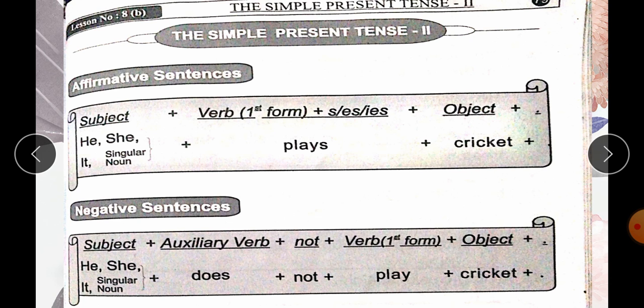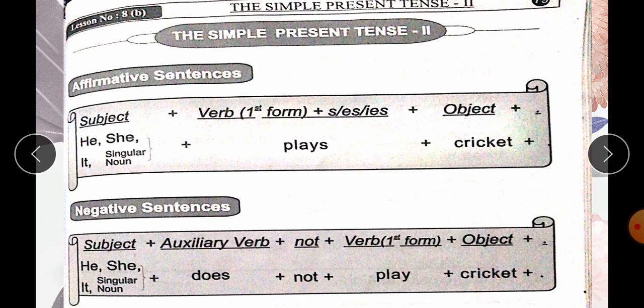Now come to the next topic, the simple present tense part 2. As we know about the definition, the simple present tense is used to talk about habitual actions and general truths. So students, for the subject he, she, it and singular noun we will use s or es or ies with first form of verb. Note that in the previous lesson we studied that for the subject I, you, we, they and plural noun we will use just first form of verb without s, es or ies.